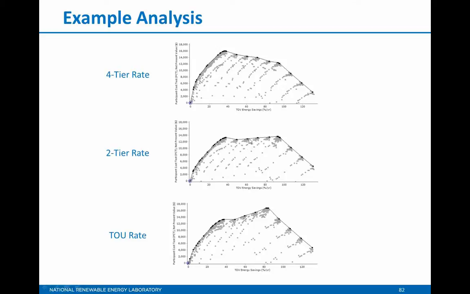So it's interesting to see that depending on the rate, there's some different valuation. Again, this is the participant cost test, so this is to the homeowner. The efficiency is somewhat similar, but the response to PV is somewhat different in the evaluation.